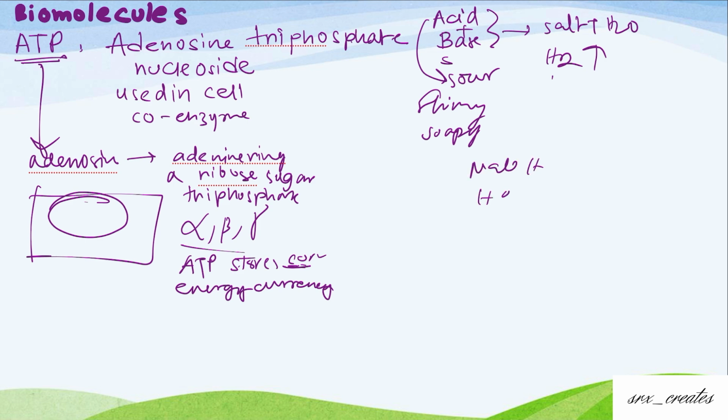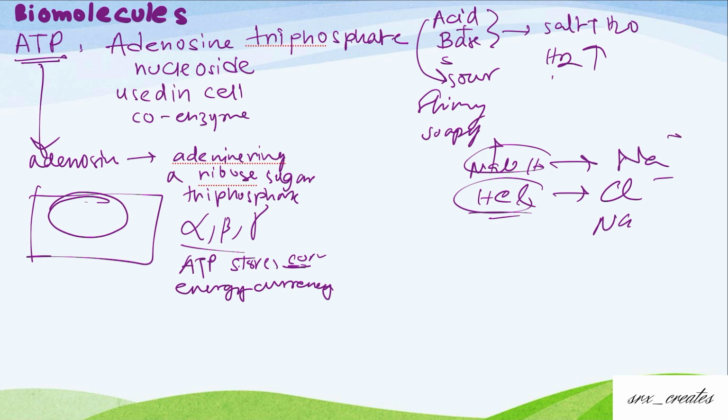NaOH is a base and HCl is an acid. From these we get Na plus and Cl minus, so NaCl. Salt, common salt, table salt. The reaction between an acid and a base is called a neutralization reaction. Acid and base together form salt and water.